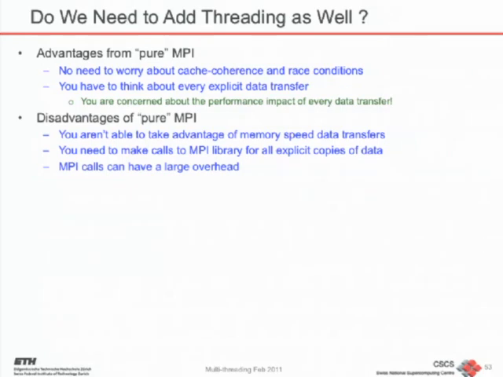So it's an advantage to have to think about every single thing you do. The disadvantage is you have to think about every single thing you do. It's a double-edged sword. It does have a good purpose, but it actually causes you a problem. You want to be able to take advantage of memory speed with transfers.